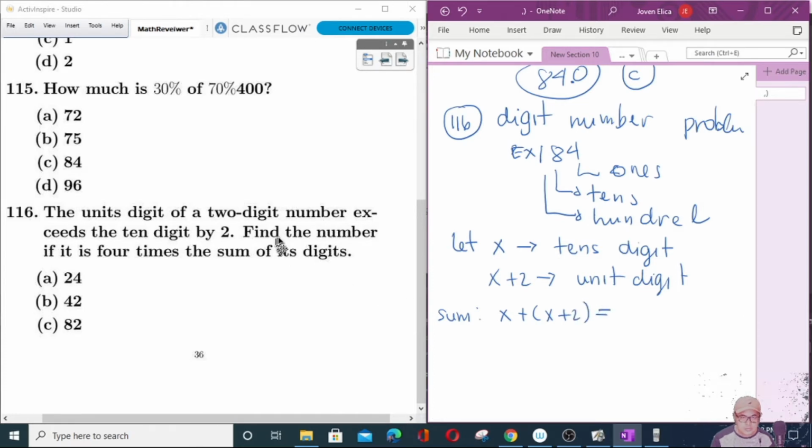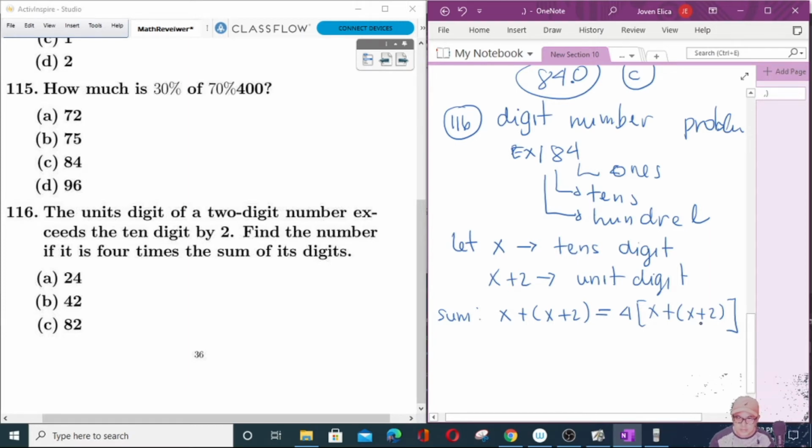Find the number if it is 4 times the sum of its digits. So 4 times the sum of its digits, x plus x plus 2. That is the equivalent equation.